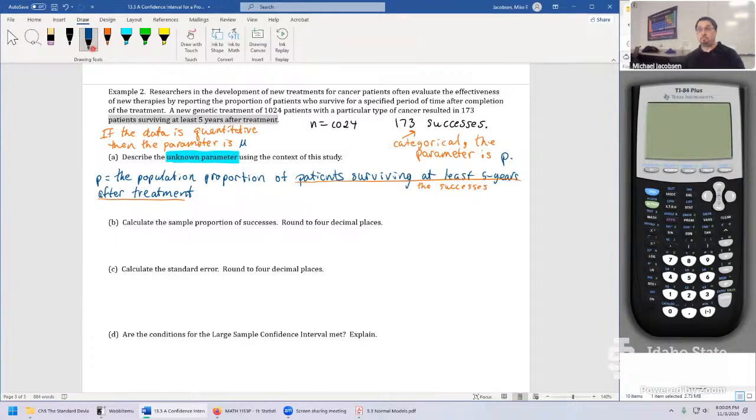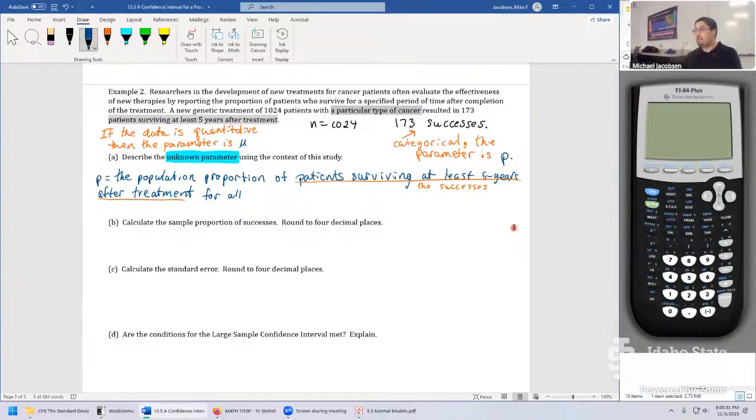Next, we have to mention what is the population. So we'll say for all, and we could say, well, it can't be for all people, right? That's way too general. We have to narrow it down. This was for people who had a particular type of cancer, whatever cancer that might have been in this problem. And so that's what our population is.